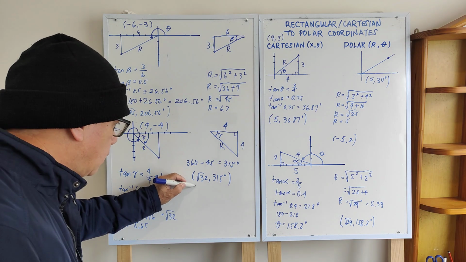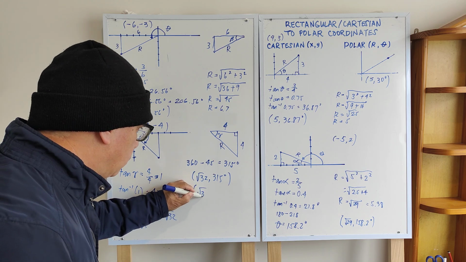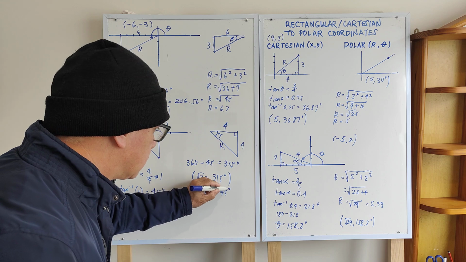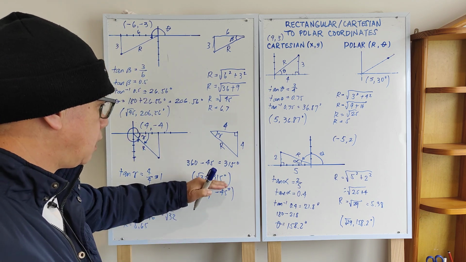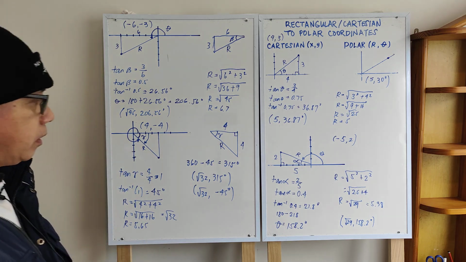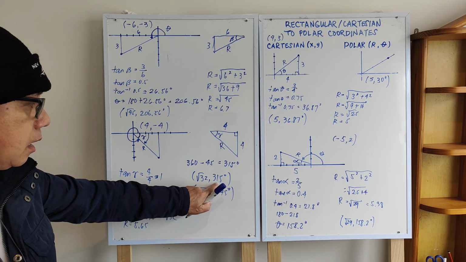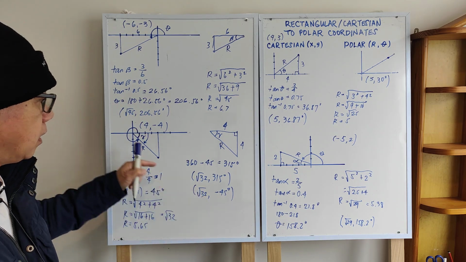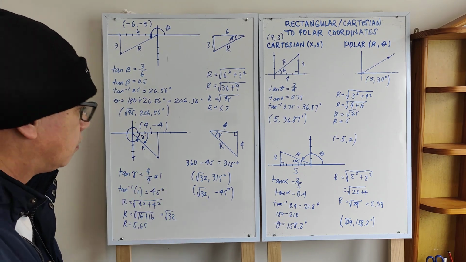So another answer for this is square root of 32 and negative 45 degrees. So these are both the same location. It's the same point. This is just counterclockwise, and this is clockwise. So they are the same answer.